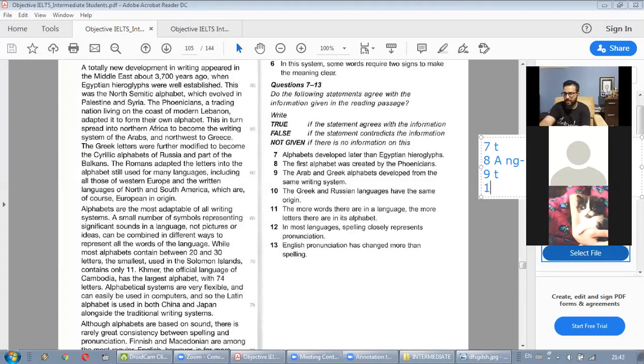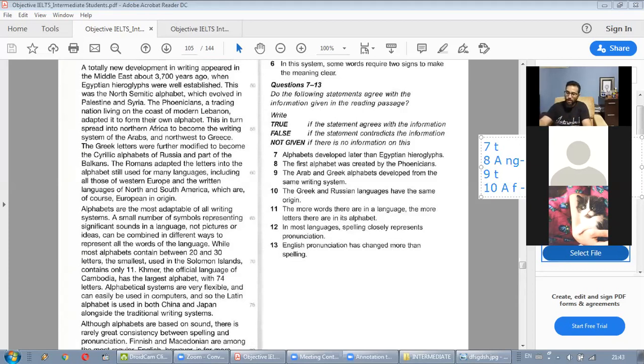10. False. Okay, so Aya says it's false. And what does Rima say? No answer. No, you have to give an answer. If you're really desperate, give not given. If you really don't know. Not given.